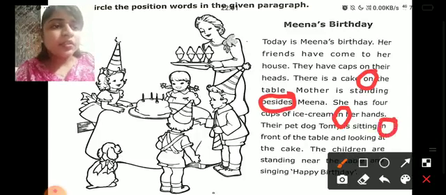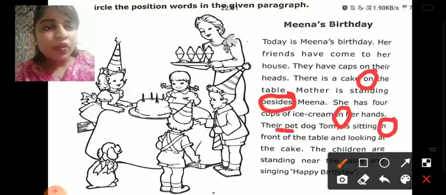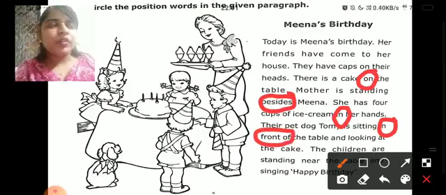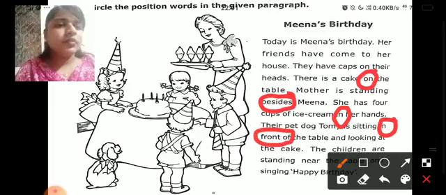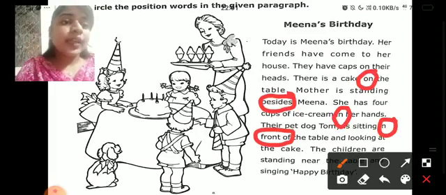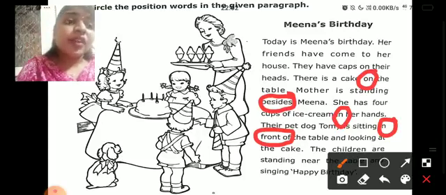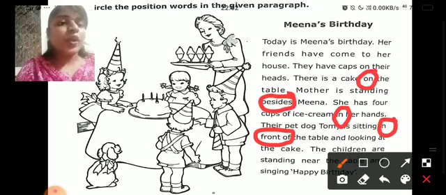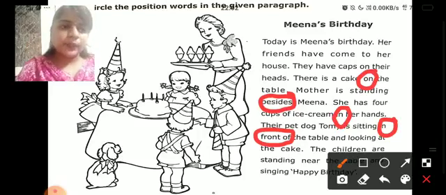Okay, children. Let me read the question again. She has 4 cups of ice cream in her hand. Right? So, in is our position word. Their pet dog Tommy is sitting in front of the table and looking at the cake.